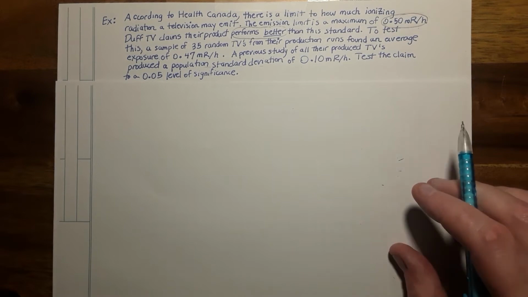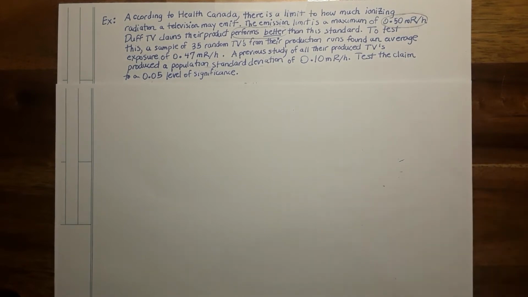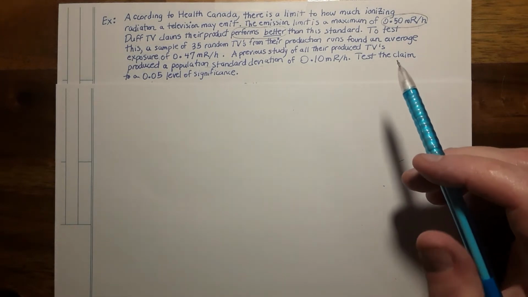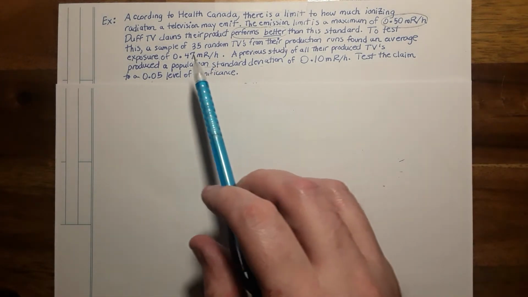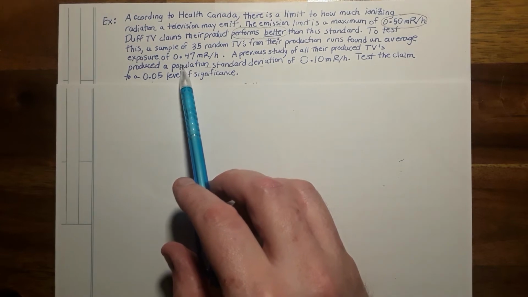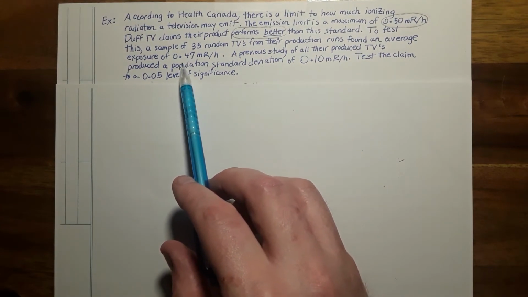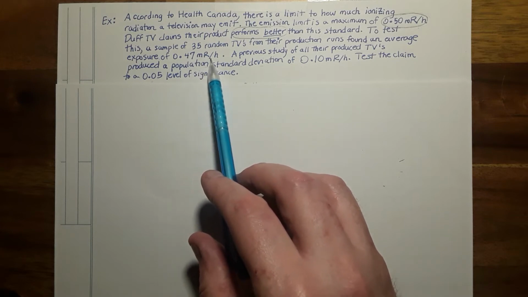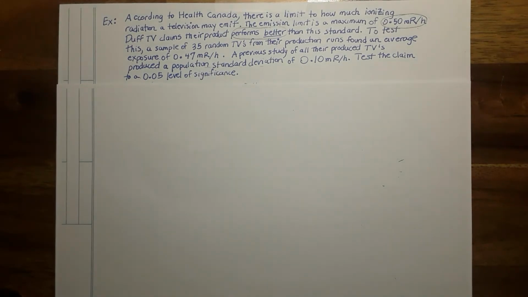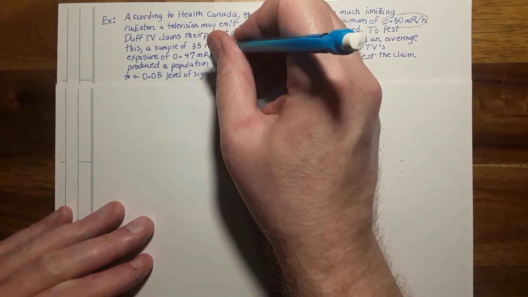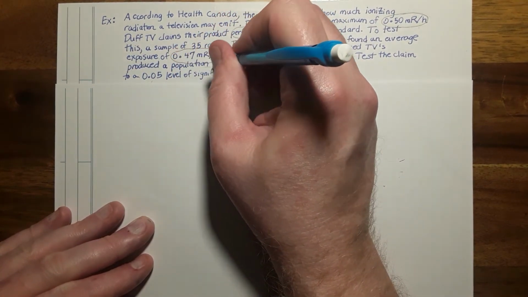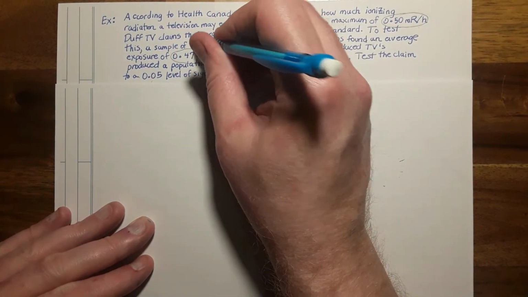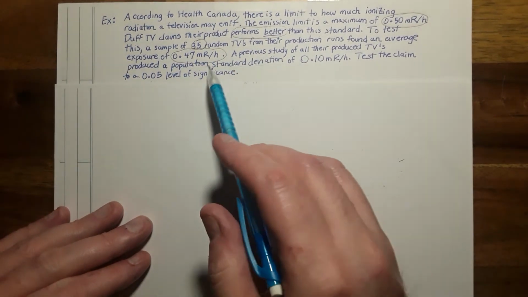In order to test this claim, a sample of 35 random televisions from their production run found that there was a mean exposure, mean radiation from their televisions of 0.47 milliröntgens per hour. So that is our sample that was used. A sample of size 35 yielded a mean value of 0.47.